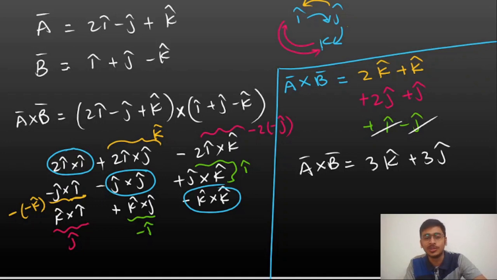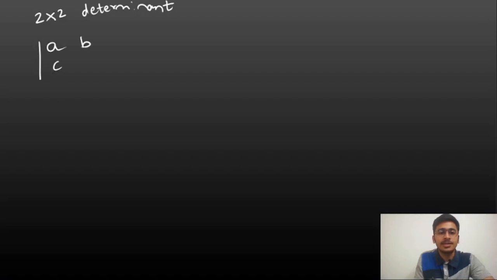There is a simpler method to do this, called the determinant method. So let us understand what a determinant is. If you have a 2 by 2 determinant, let's say with entries A, B, C and D, the answer is simply to multiply A with D and subtract the multiplication of C with B. So that is nothing but AD minus CB.